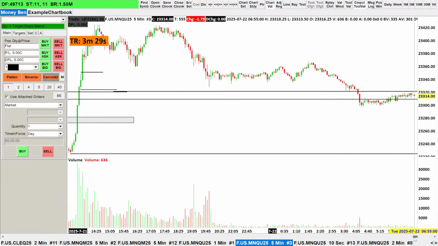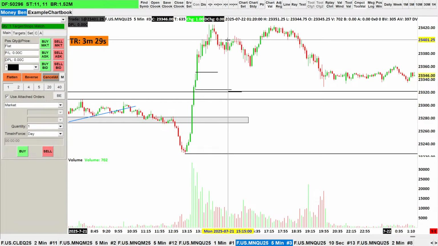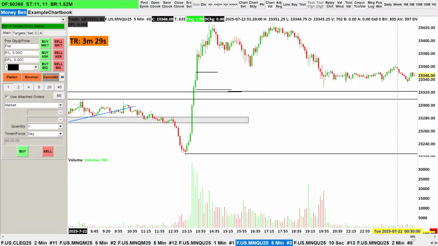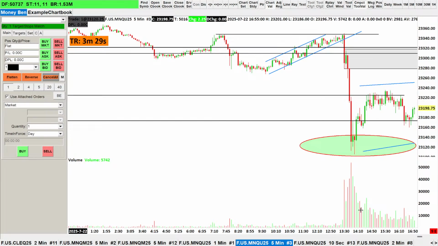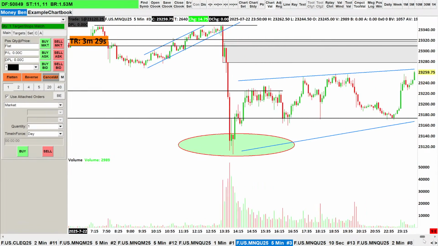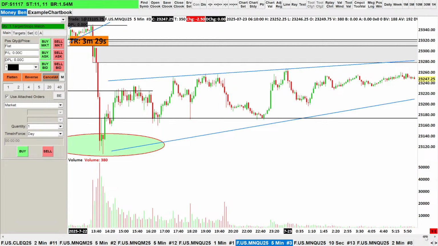We're in Wednesday. So this is Monday right here. It popped up, it was just going straight up, so I didn't take any trade at all. I was like, I'll wait. The next day, straight down. I'll wait. And then today we finally got some pullbacks.